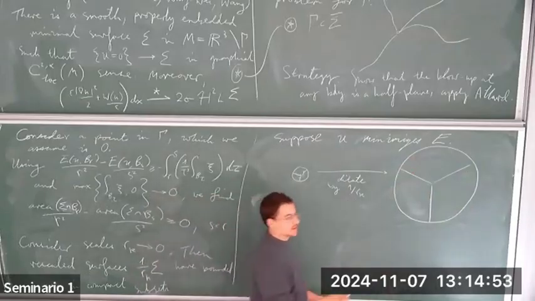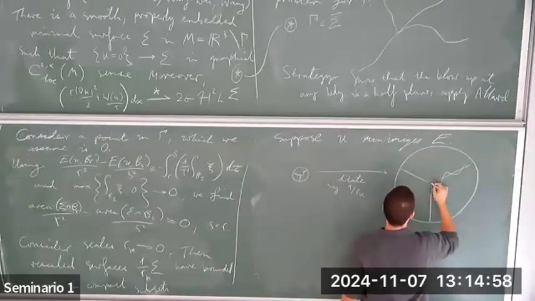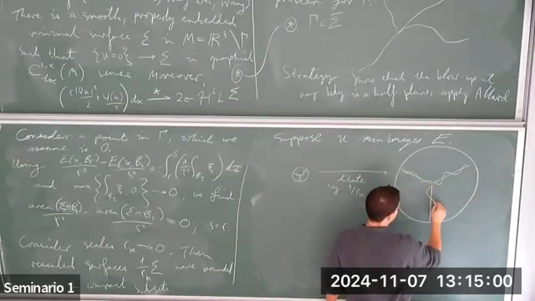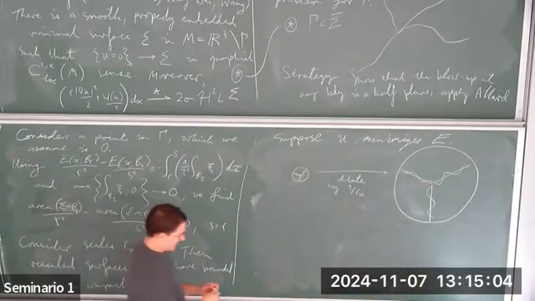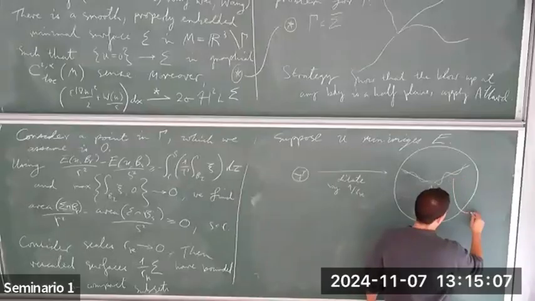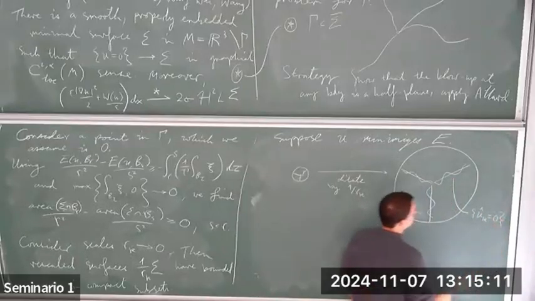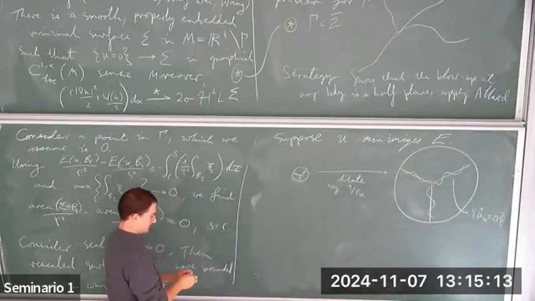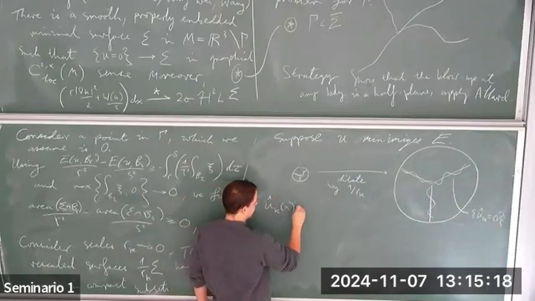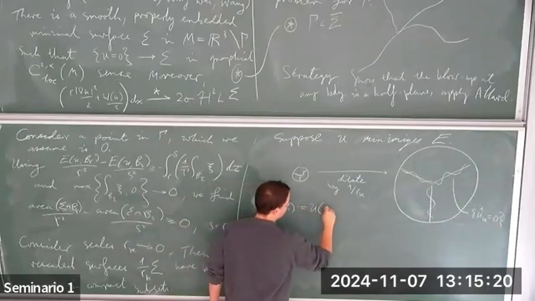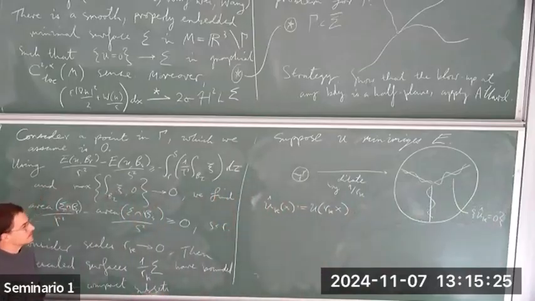The dilated surfaces are still approximated by the 0 set of some minimizing Allen-Cahn section, right? Namely, let me call this section U hat k, where U hat k of x is defined to be U of Rk times x.